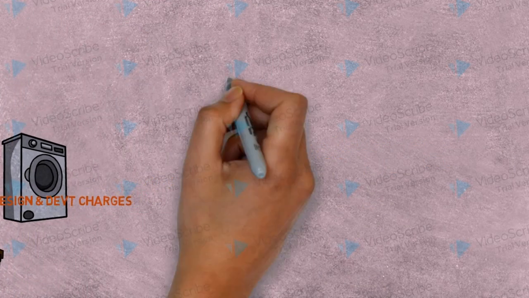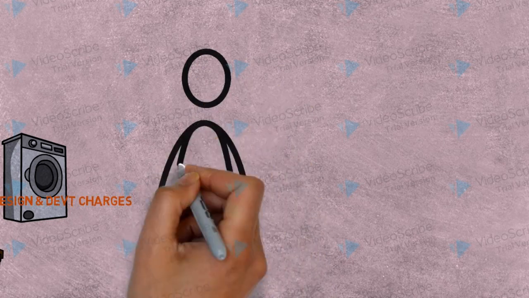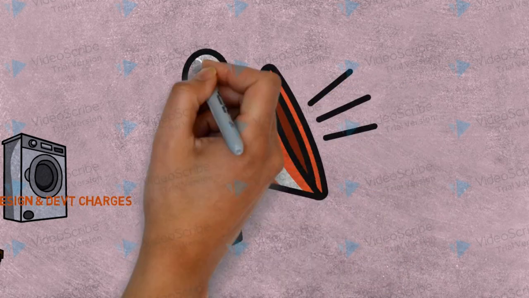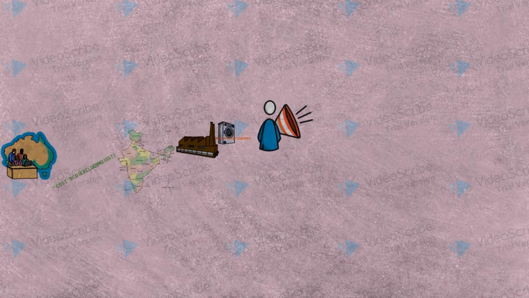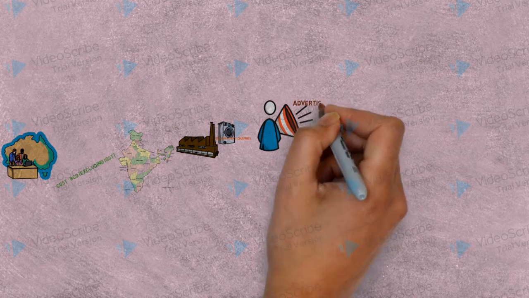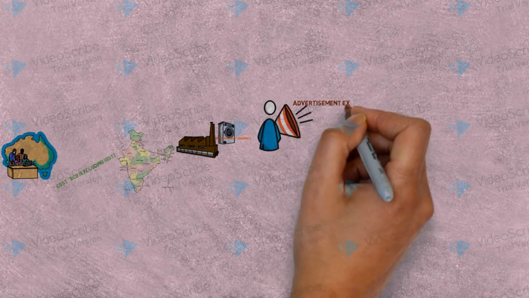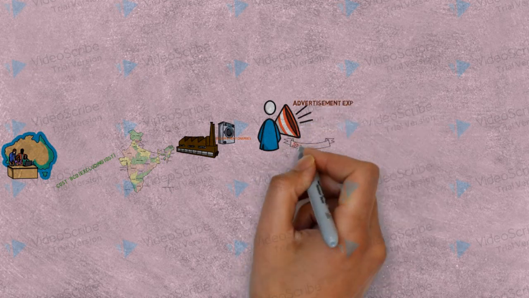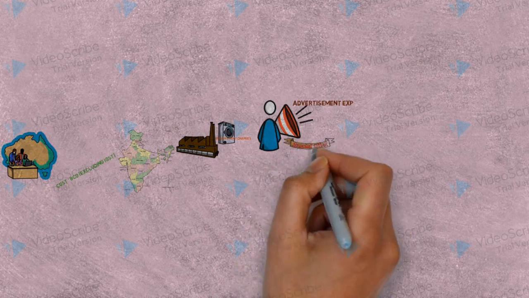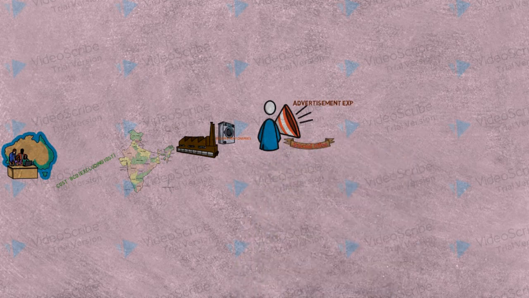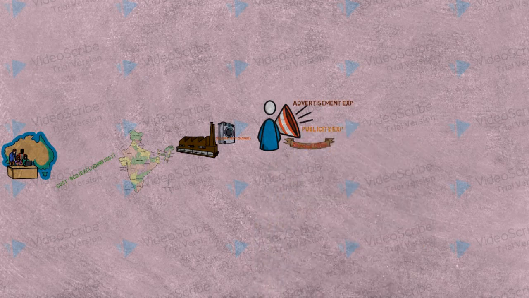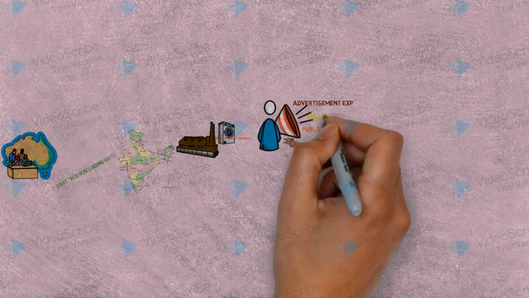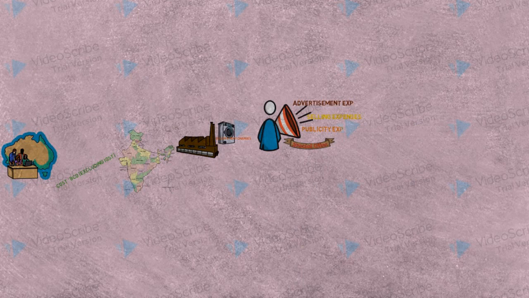Then the company markets the modified product widely by incurring several costs such as advertisement expenses, publicizing with special offers by paying publicity expense, and other costs related to selling, which can be termed selling expenses.